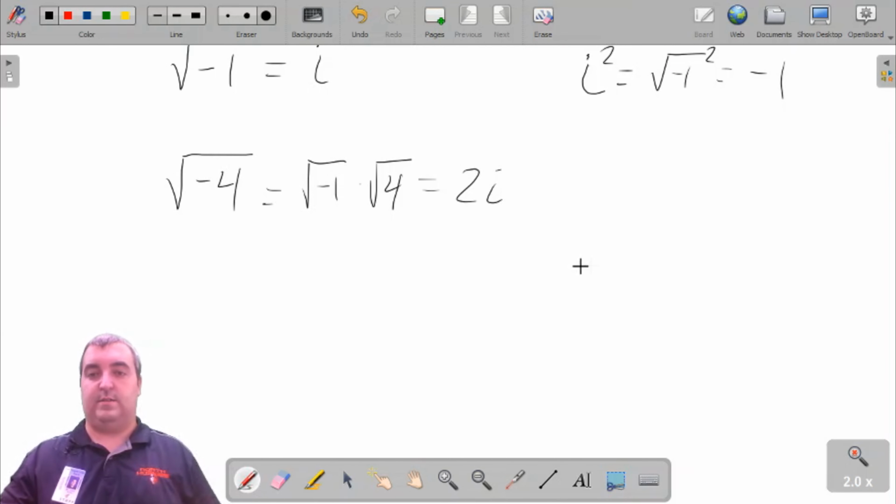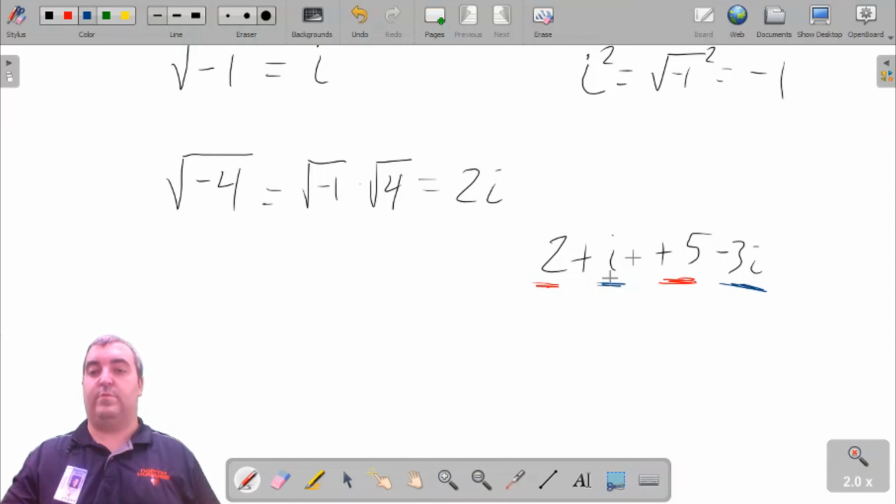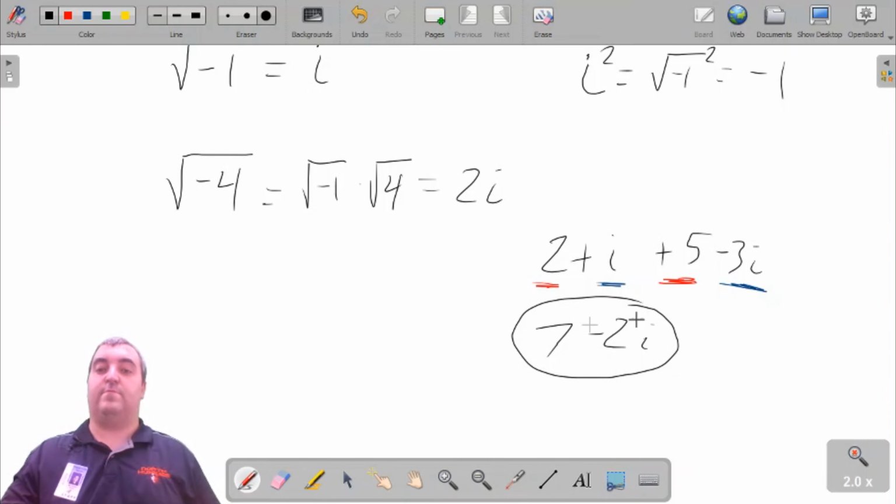So if you had 2 plus i, which we would call a complex number, plus 5 minus 3i, you can only combine like terms. So 2 and 5 we'd combine, and then the i and the -3i we would combine. So our final answer here would be 7 minus 2i if you were to add two complex numbers together.